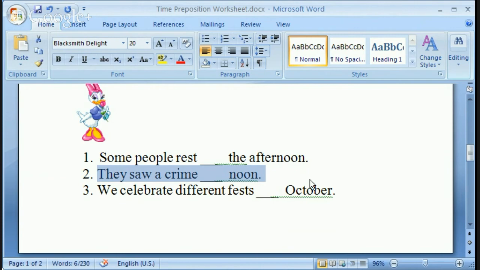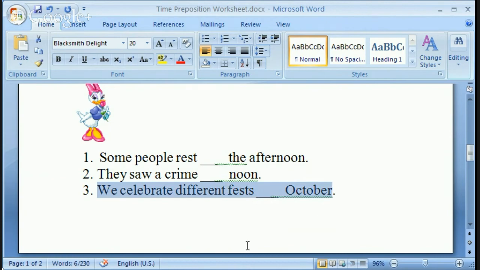At. Noon is a specific time. So, for specific times, at 3:45 in the morning, at 5 o'clock, I wake up at 8:30 a.m. every day, at. So, yes, at. Very good.